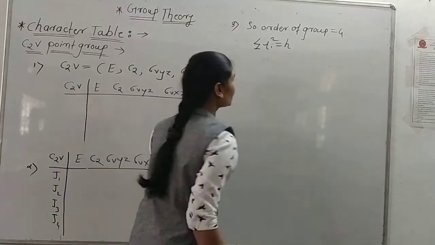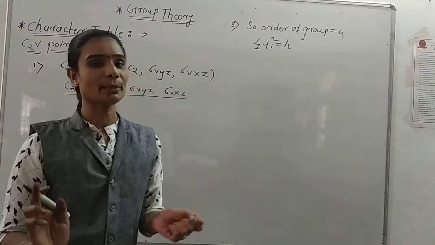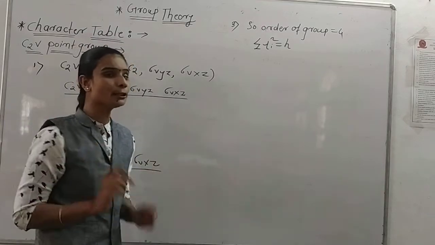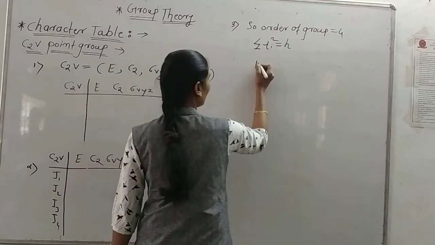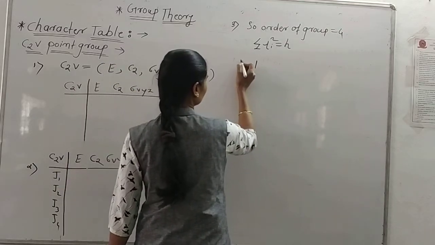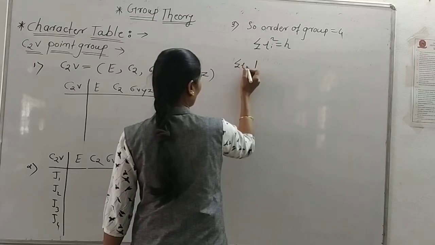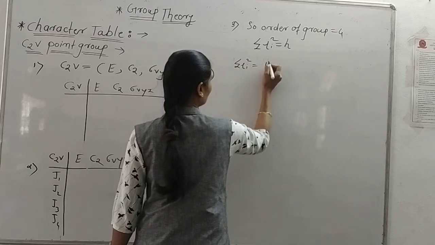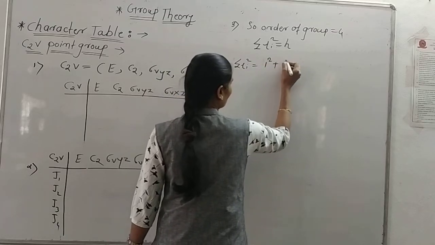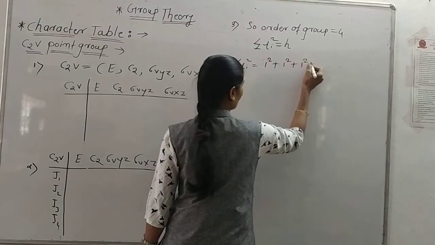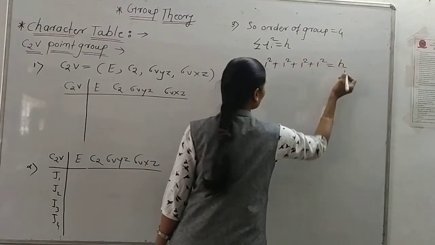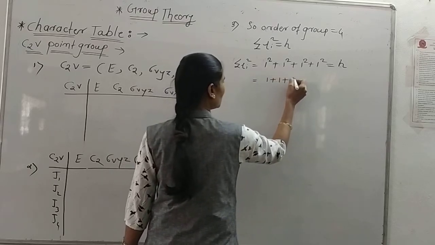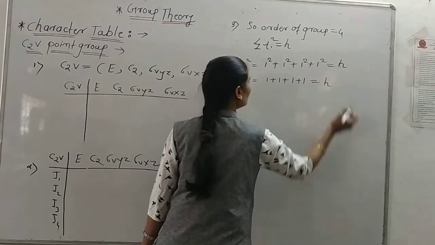So we arrange the dimensions for the irreducible representations in such a way that the addition of their squares is equal to the order of group: 1 square plus 1 square plus 1 square plus 1 square is equal to h, or 1 plus 1 plus 1 plus 1 is equal to h.